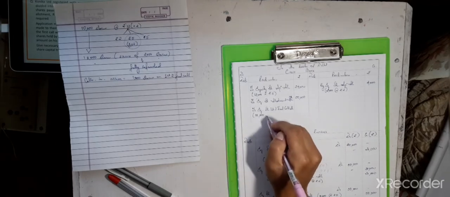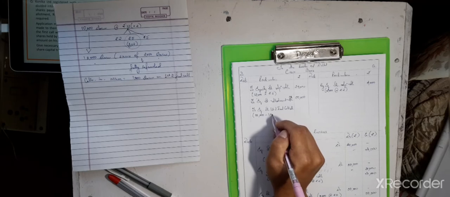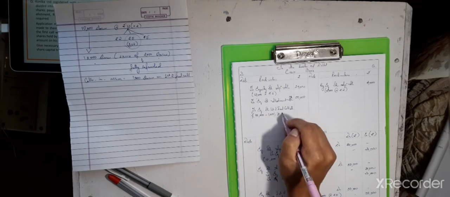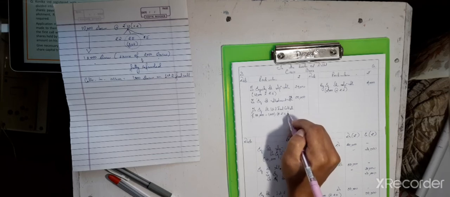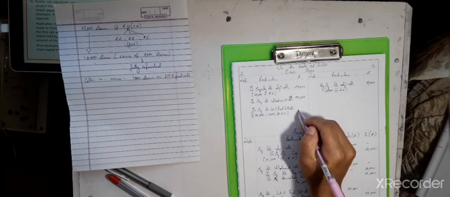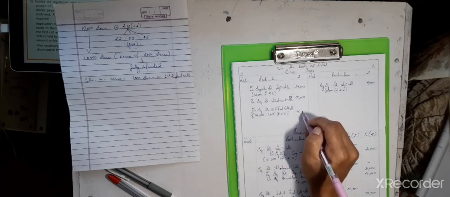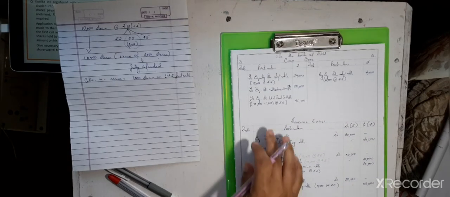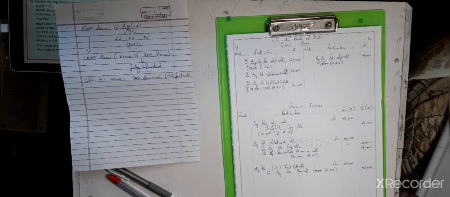But out of 10,000 shares we're not going to be receiving on 1,000 shares at the rate of rupees 5. So 9,000 shares at the rate of rupees 5 will give us rupees 45,000.